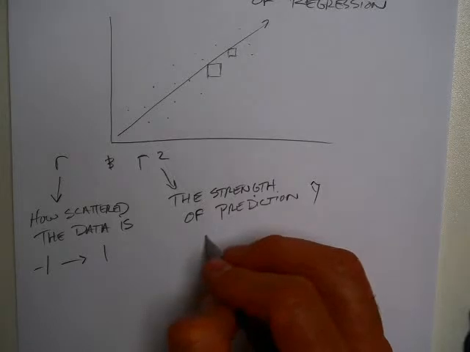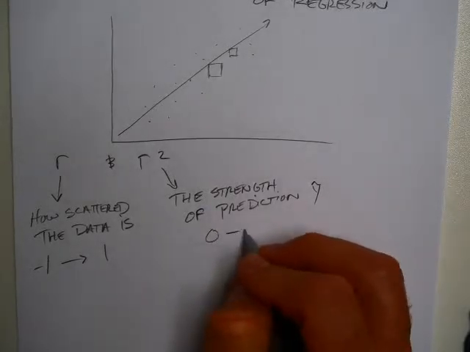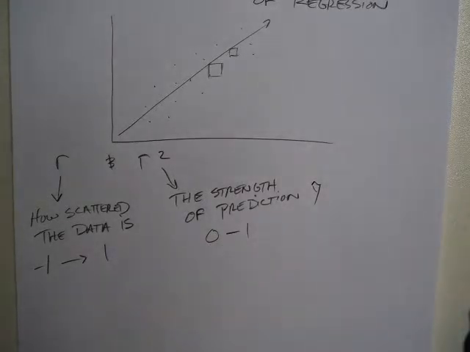And this is anywhere from 0 to 1. Since it's squared, it can't carry a negative value. Where 0 would be, your prediction's total junk, to 1, 100% of the time you're going to get a good prediction. Like if you had 0.75 for an r squared, that would indicate that about 75% of the time you expect your prediction to be good.